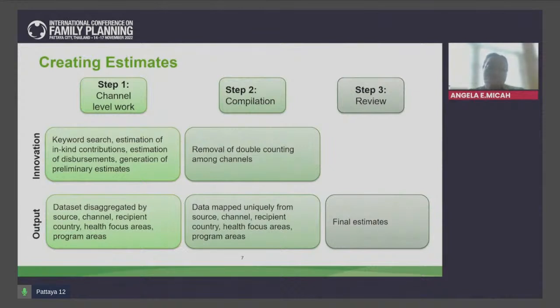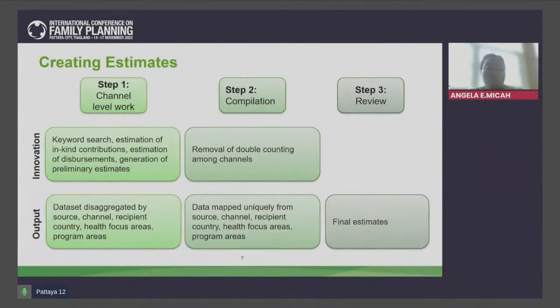At this stage, we also generate in-kind contributions, which are also known as administrative expenses for the agencies that are transferring these resources. We also generate the preliminary estimates for the most recent full year.